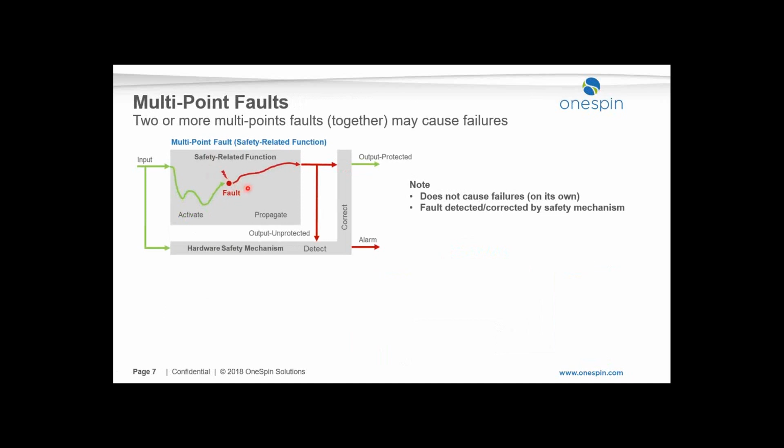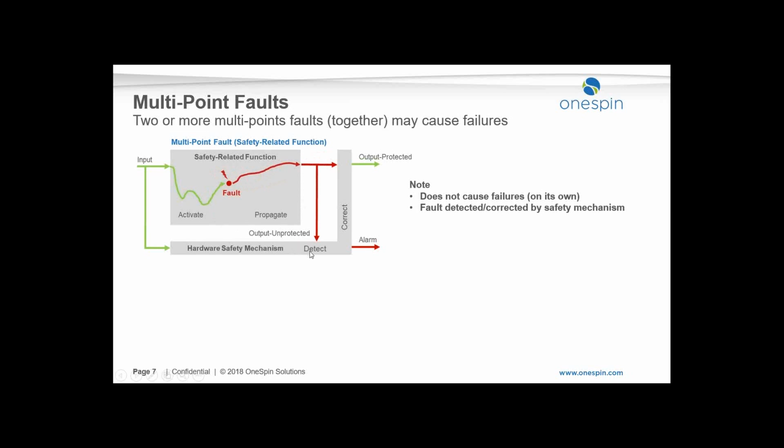So a multi-point fault by itself is not a bad guy, because a multi-point fault is a fault that on its own will not cause any failure. For example, here we have a fault in the safety function. This fault makes its way to the unprotected output, so this is red.